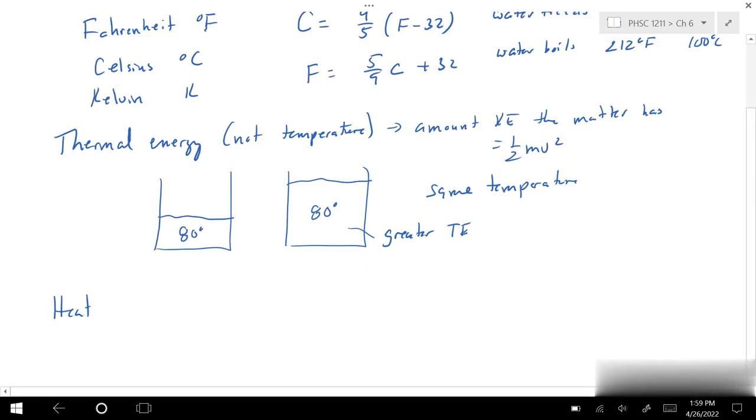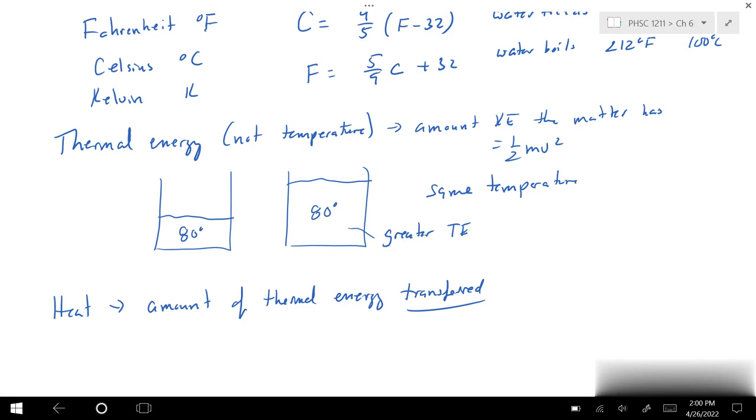And then I wanted to look at heat, another term that we'll be using a lot. Heat is not temperature either. When you heat something, you transfer energy. So heat is the amount of thermal energy transferred. Remember, when you heat something, you're taking heat from one source and transferring it to another.